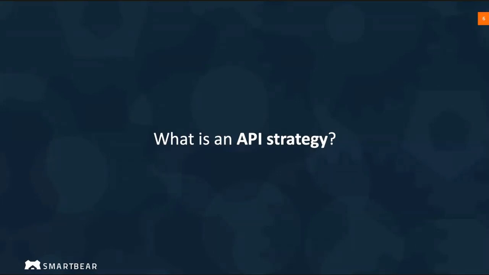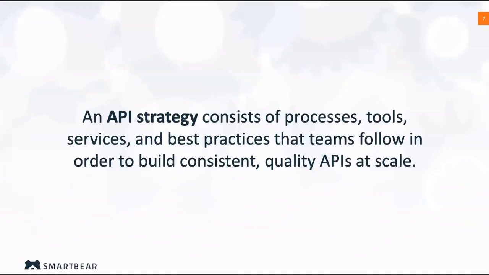So in this context, what is an API strategy? When we talk about this, what does it mean? Briefly put, an API strategy consists of processes, tools, services and best practices that teams follow in order to build consistent quality APIs at scale.